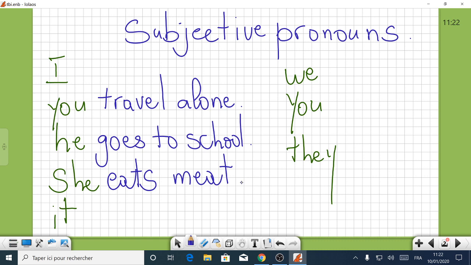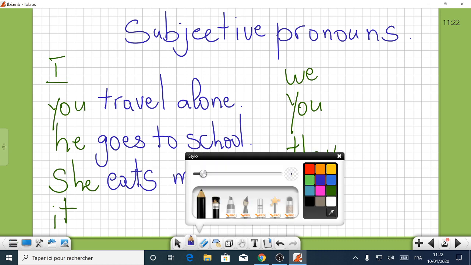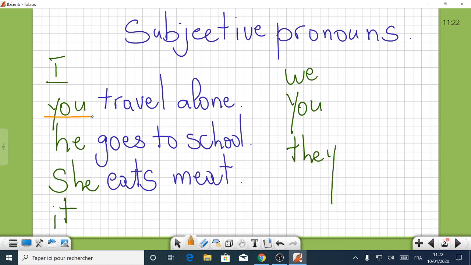These are just examples of sentences that we have built, starting with the subject pronouns. If you want to analyze the sentences, the first one is you, the second one is a verb, and then what comes up is an adjective or place or time or an object.